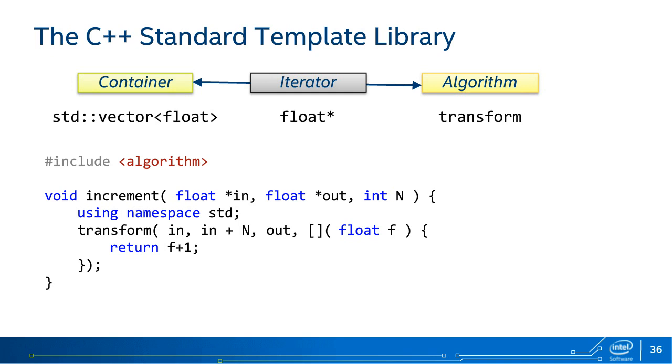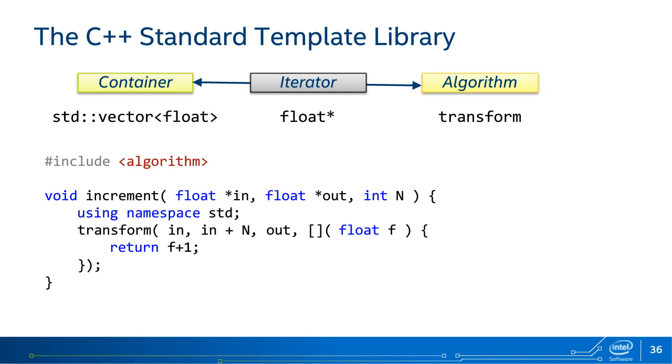These are very useful for operating on sequences that iterate through containers. An example on this slide: we're implementing an increment using the STL function transform. We call transform and pass into it a beginning iterator in, an ending iterator for the input, in plus n, and then a beginning iterator for where to put the output, and then we provide a C++ lambda expression.